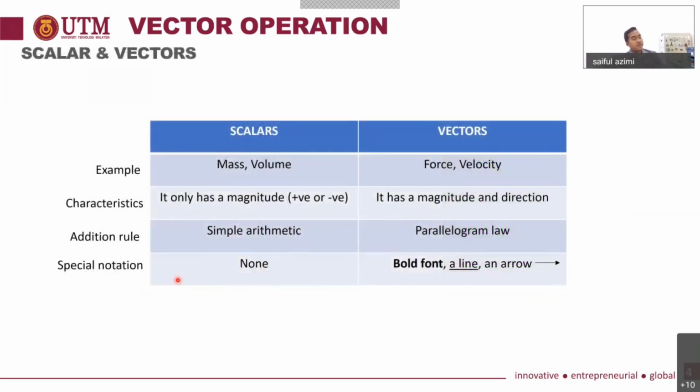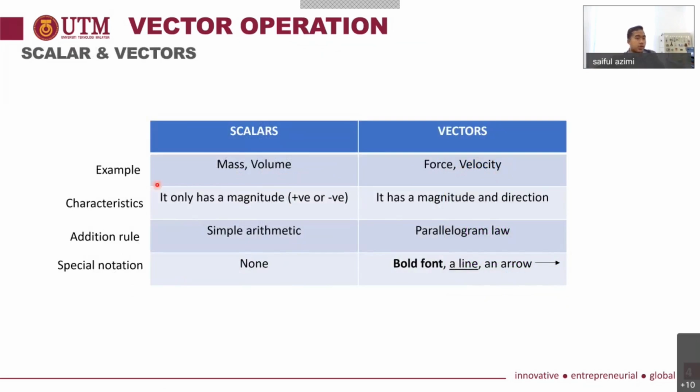Before that, we need to know the fundamentals of vector operation. In vector operation, we have scalars and we have vectors. Examples of scalars are mass or volume. Examples of vectors are force or velocity. A scalar only has a magnitude.